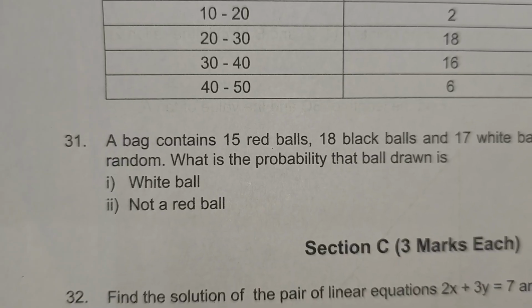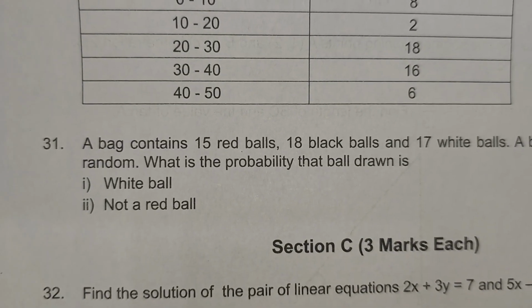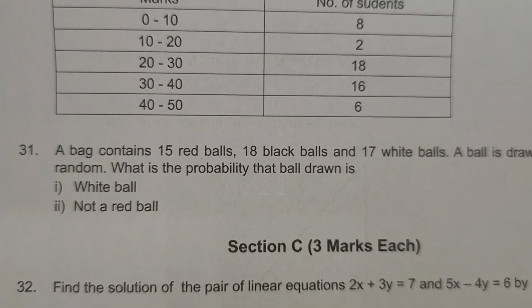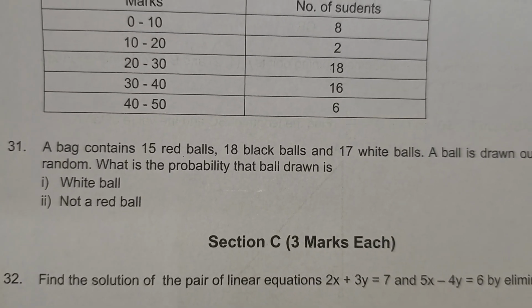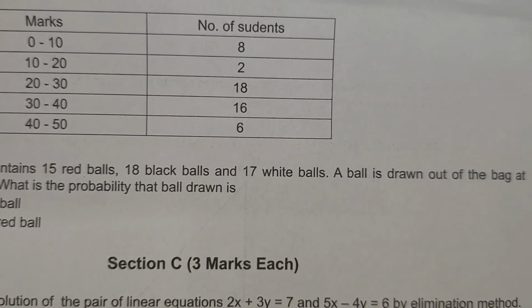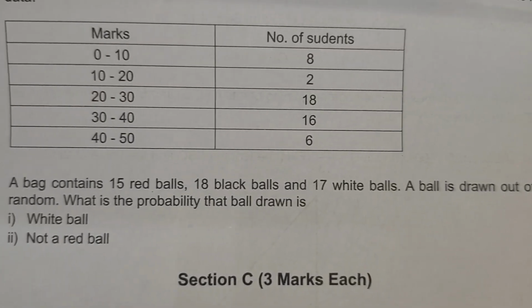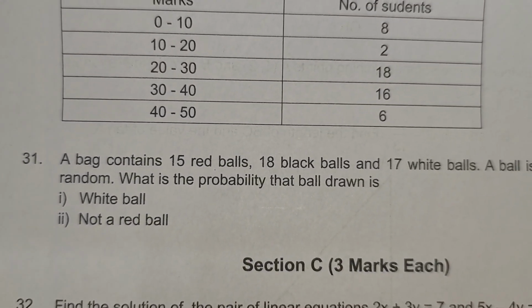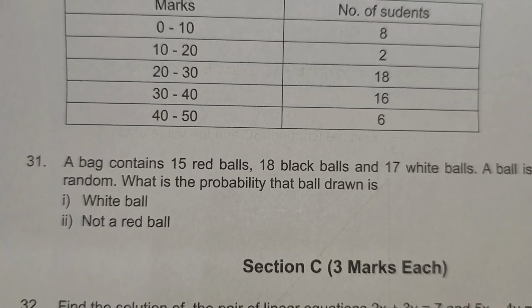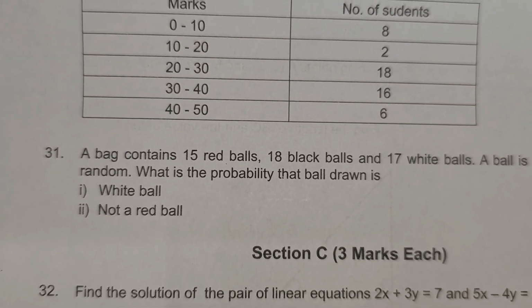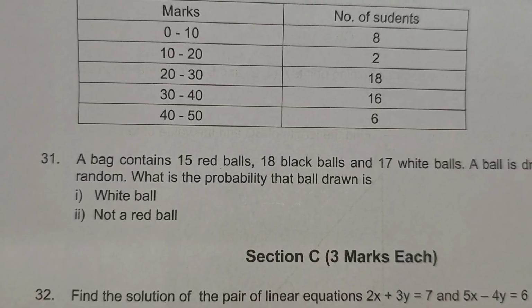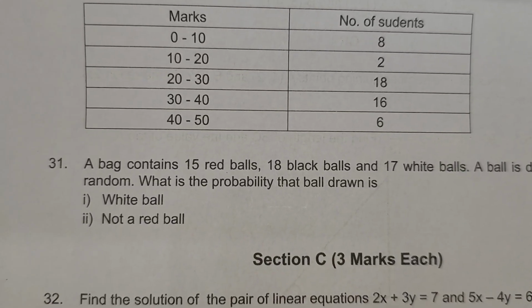Question number 31. A bag contains 15 red balls, 18 black balls and 17 white balls. A ball is drawn out of the bag at random. What is the probability that the ball drawn is a white ball? So the number of white balls will be how much? 17, and the total number of balls will be 50.